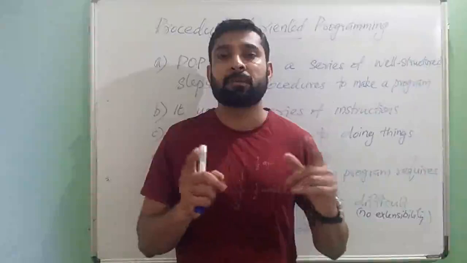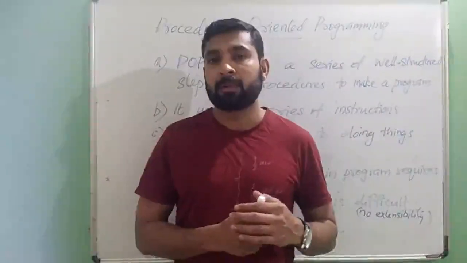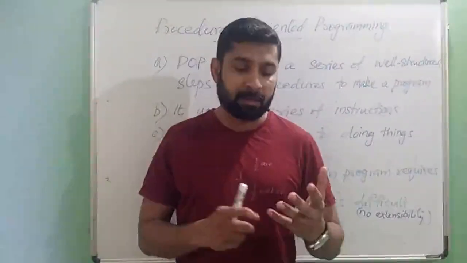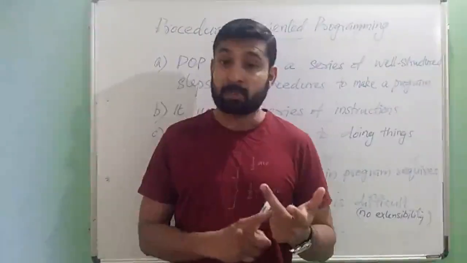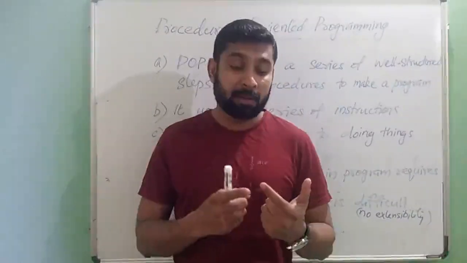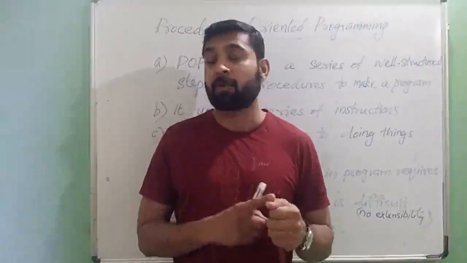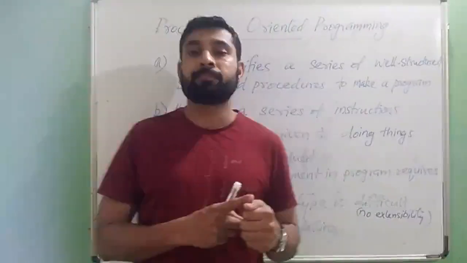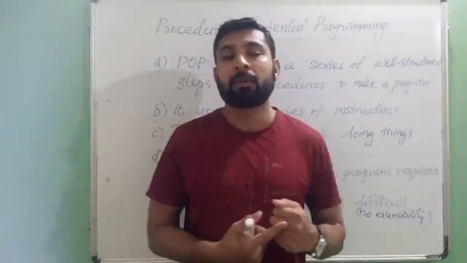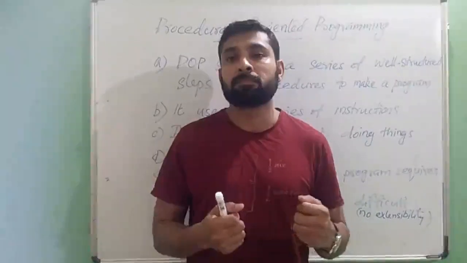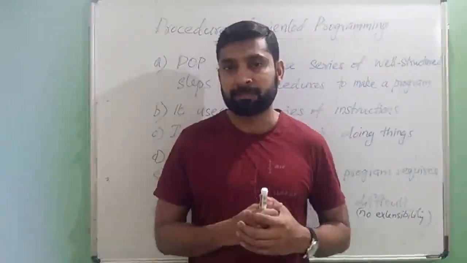A car has its properties or characteristics like color, size, length, capacity, number of wheels, cc, all these things.